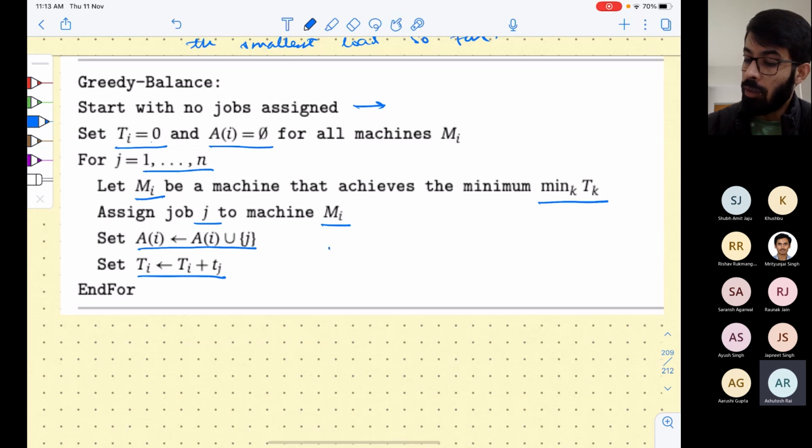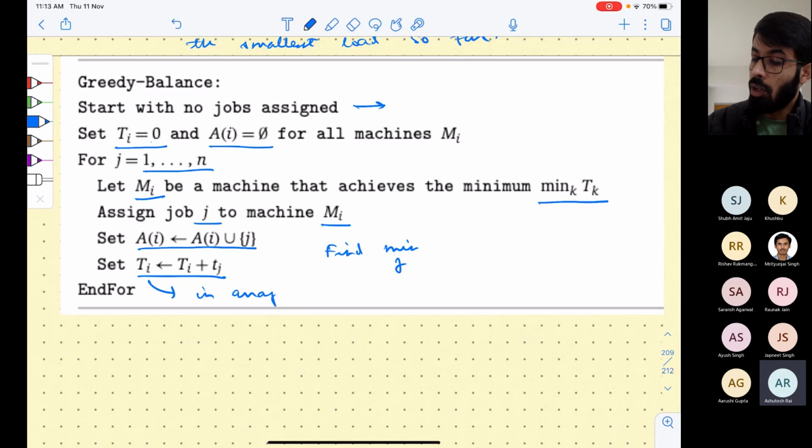And finally, you can find, in an array, the max over all j of Tj. That is going to be your makespan. And if you are given a k, then you can compare this with the k, the usual drill.